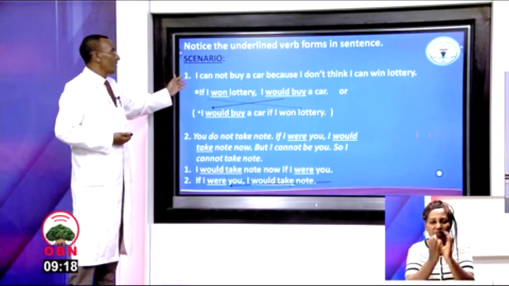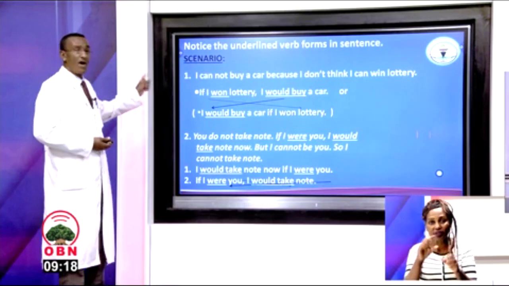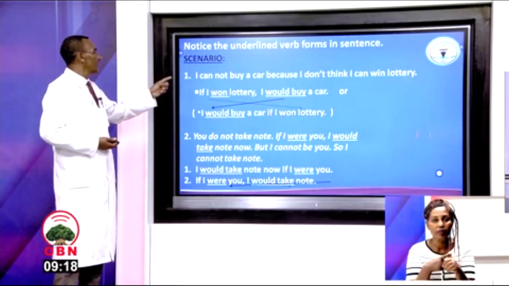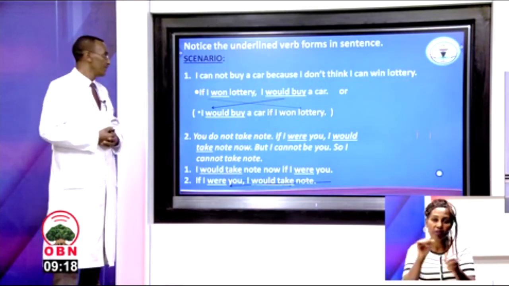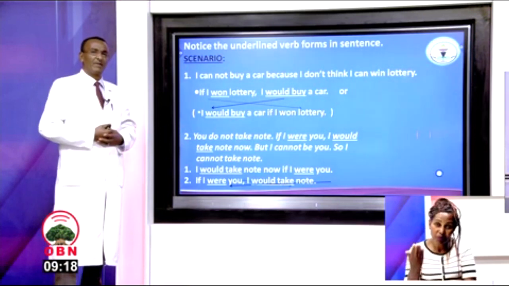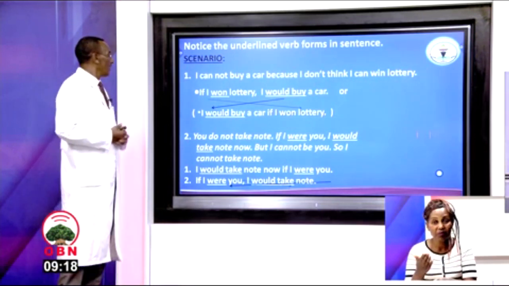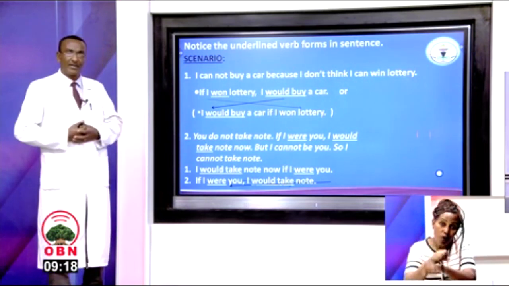Look at the underlined words in these sentences. 1. I cannot buy a car because I don't think I can win the lottery. It doesn't seem to happen. If I won the lottery, I would buy a car.